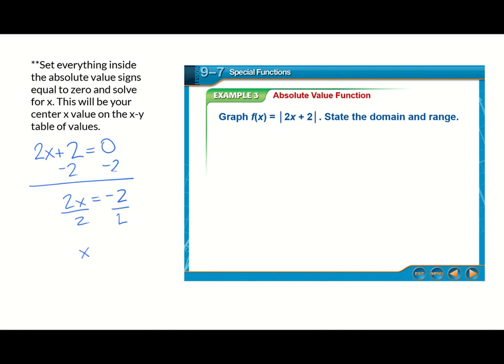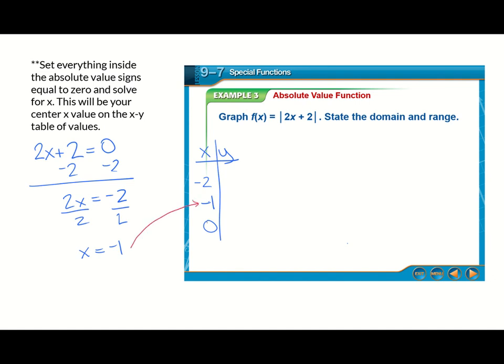So I would get x equals negative 1. On a table of values, I'm going to put that as my center number. And then I'm going to think about what is one number less than negative 1, that would be negative 2, and one number greater than negative 1, so 0.